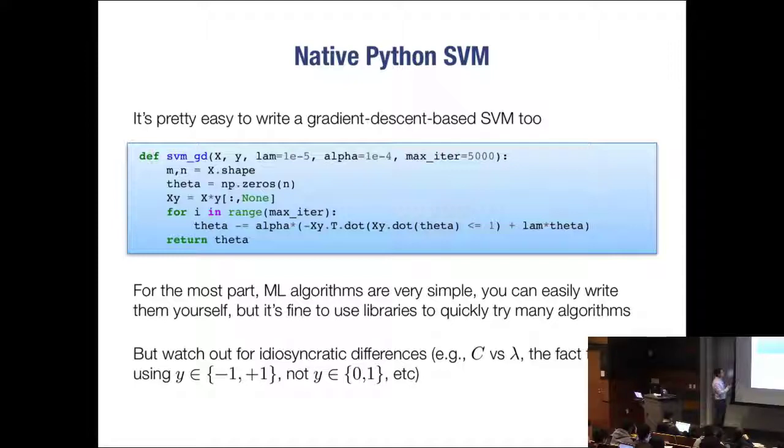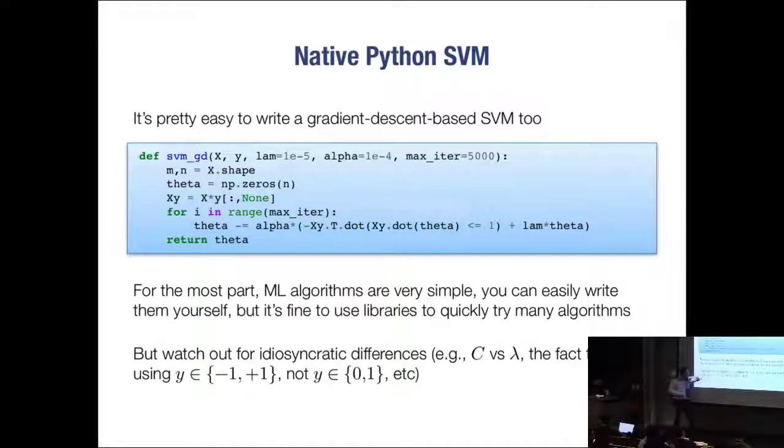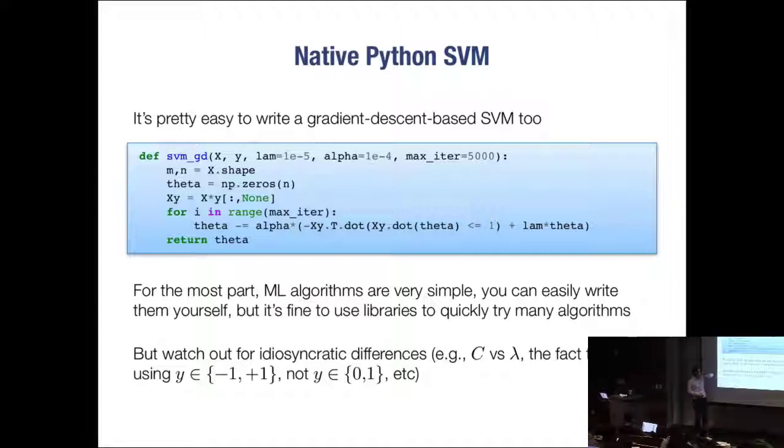So I think that there's a huge value to understanding and writing those 6 lines of code to actually run gradient descent. And by the way, what this is doing here is that it forms theta. It forms this product of x and y because we have these products in the term there. And then goes number of max iterations. It subtracts. This term here is the gradient of the support vector objective, the hinge loss, with respect to theta.